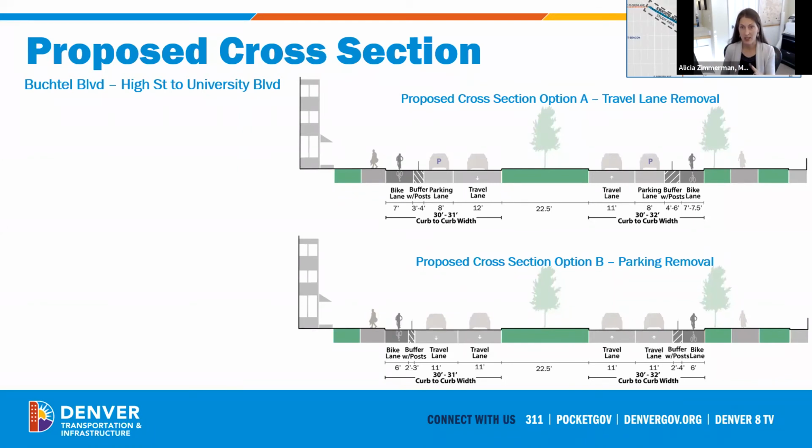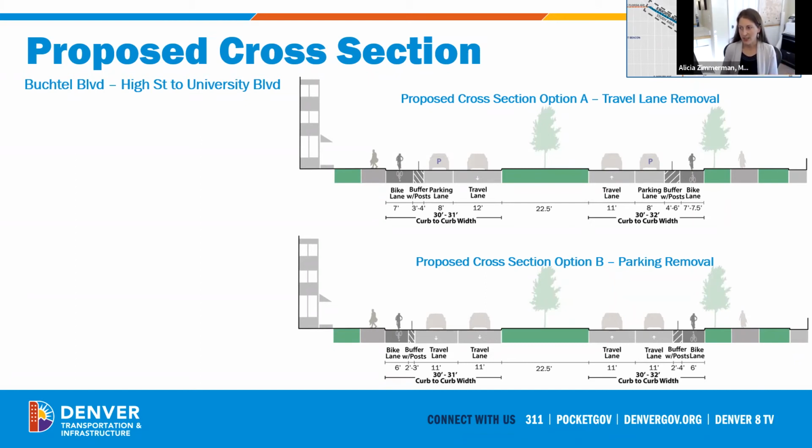As part of this project, we can do it between the curbs. So what we're showing here on the top option is moving the parking away from the curb and putting the bike lane as a protected bike lane. So from the curb, it goes bike lane, buffer with posts, parking, and then 1 travel lane.